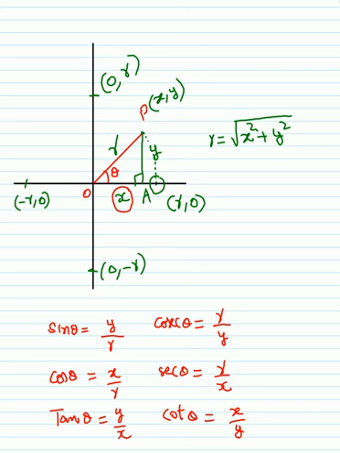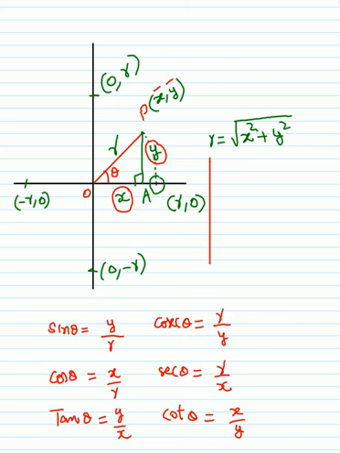Now here, what is the maximum possible value of the x and y coordinates? Here the ray is rotated, so the x and y coordinates are changed. The maximum possible x coordinate and y coordinate of the point P are r, and the minimum value is minus r.